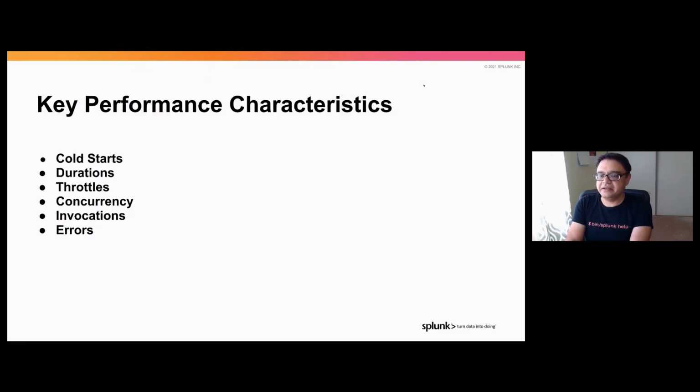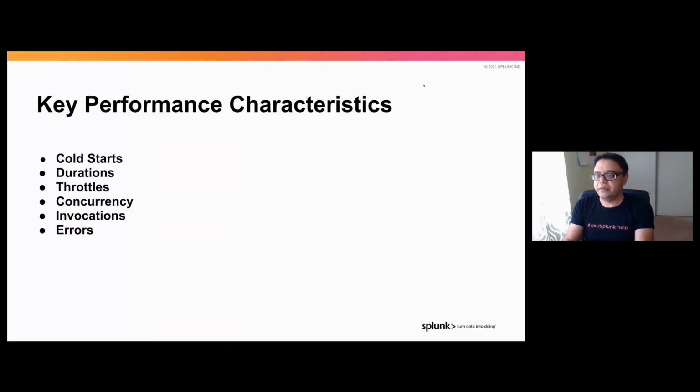Akamai did a survey and found that for every 100 millisecond increase in website load time, the conversion decreased by 7%. So as operators and developers, we have to maintain the latency as low as possible. And cost also, we have to optimize.